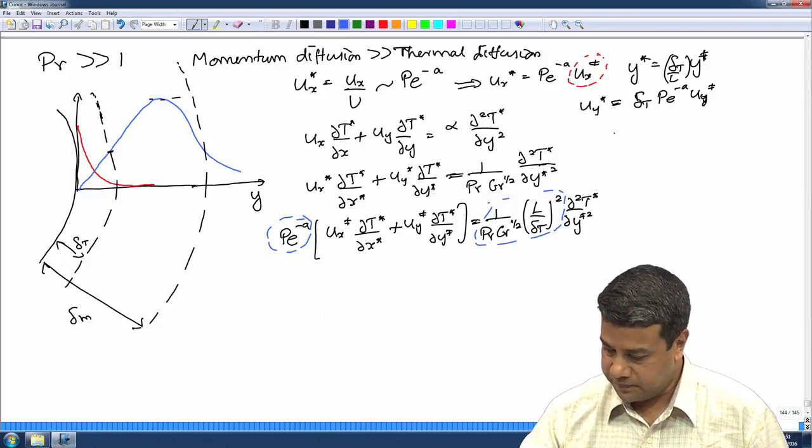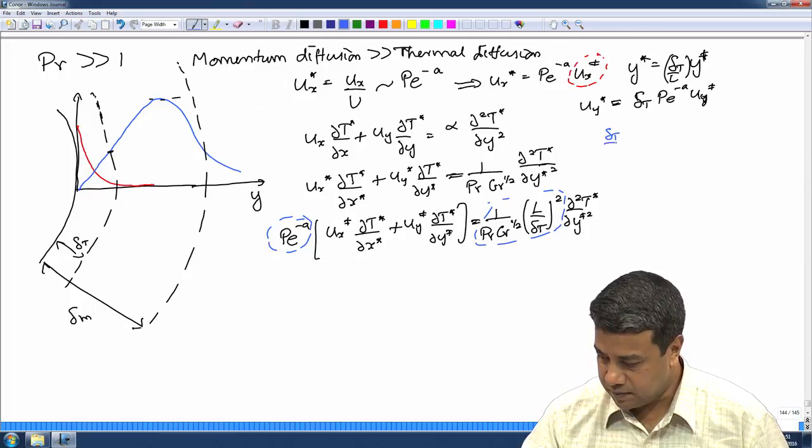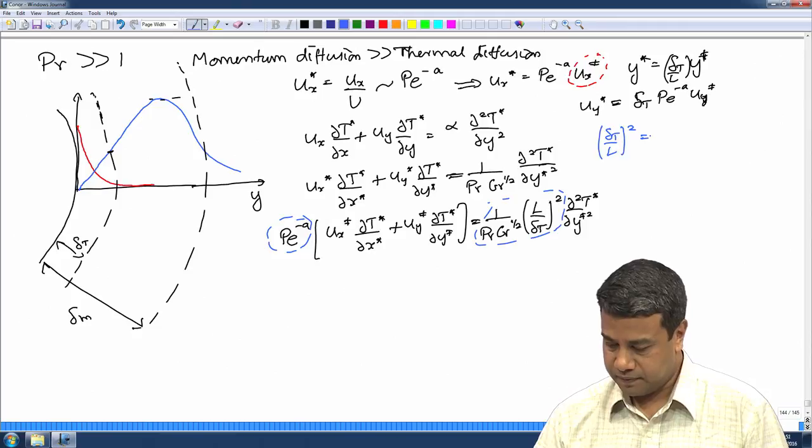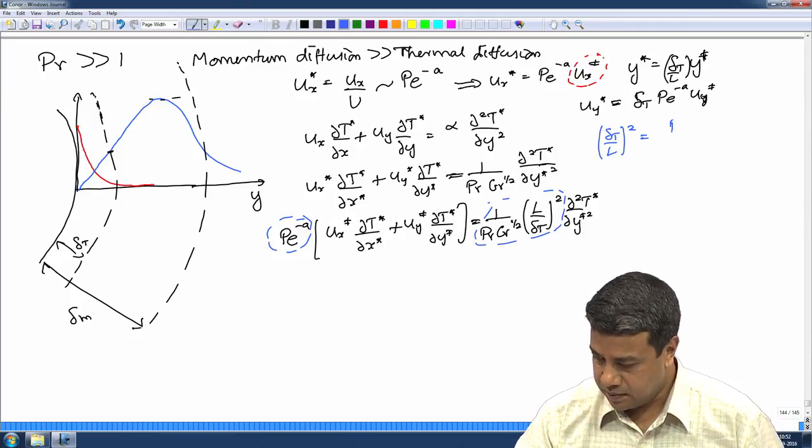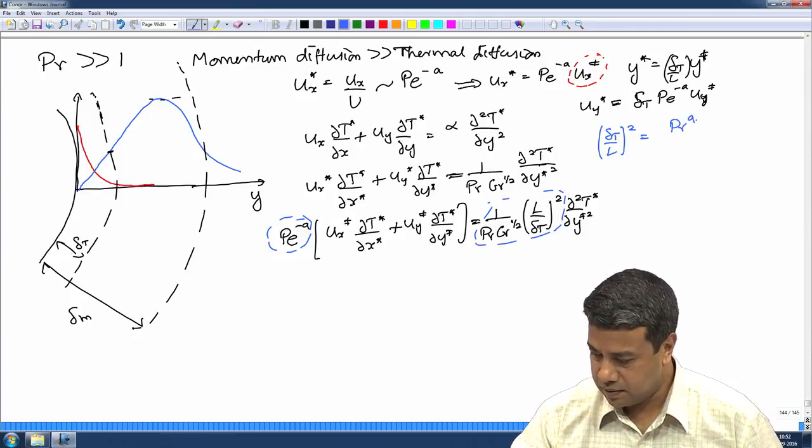I get that delta t by L the whole square is equal to Pr to the power a minus 1, Gr to the power minus half.